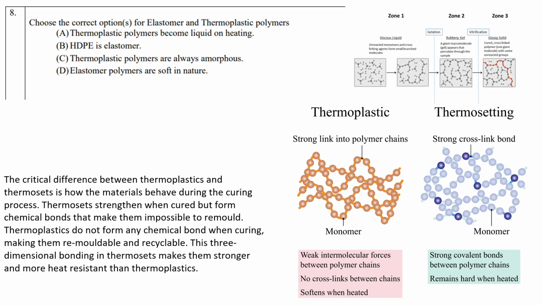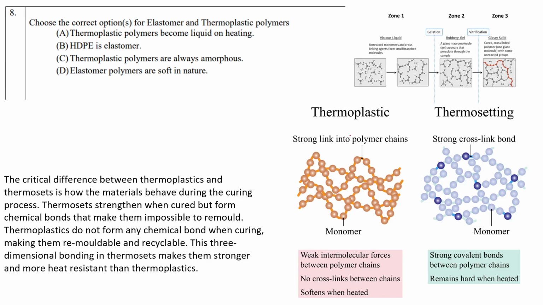For thermoplastic, there is no chemical bond in the cooling process, and it is remoldable and recyclable. And that three-dimensional bonding makes thermosets stronger and more heat resistant than thermoplastics.